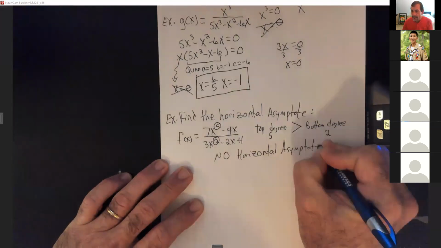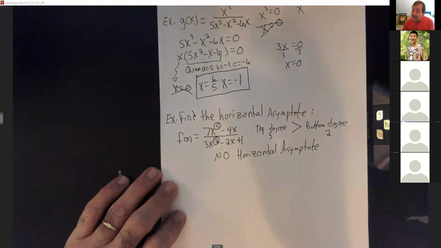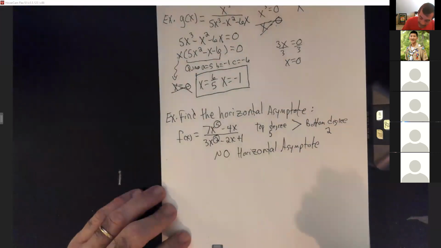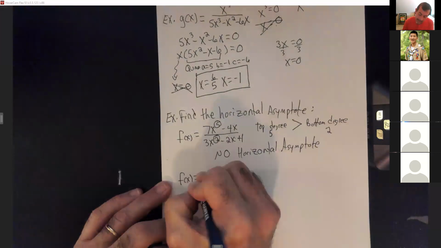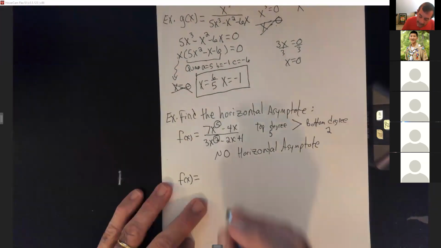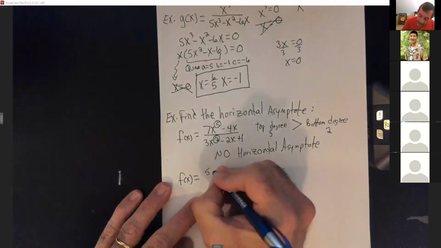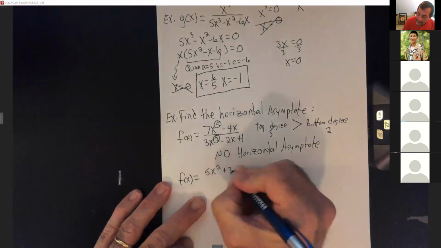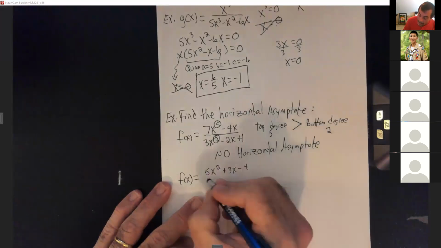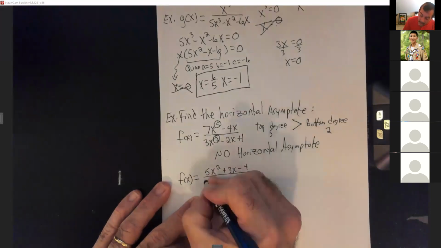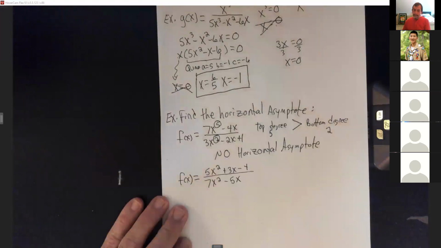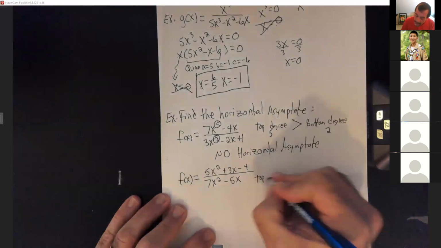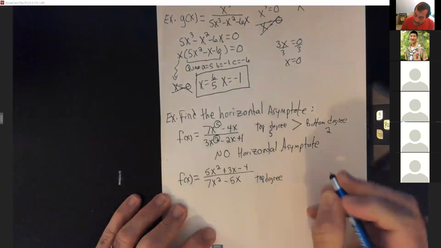Which means this one would keep trying to go towards positive infinity or negative infinity. All righty, so for our next one, let's do f of x equals 5x squared plus 3x minus 4 over 7x squared minus 5x. Once again, we're going to compare the top degree and the bottom degree.